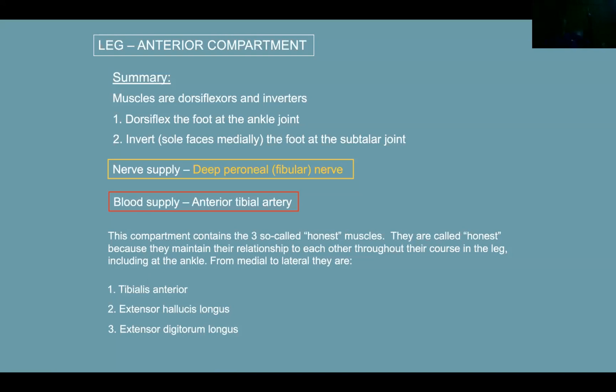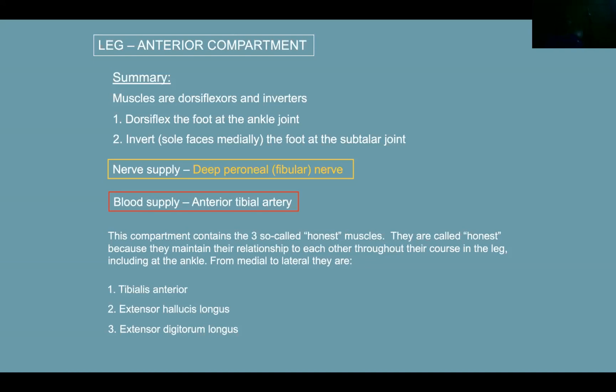And here in my foot, for the big toe, we use the term hallucis. Extensor digitorum, digitorum there and digitorum here for the digits. And tibialis anterior is a muscle which lives anterior to my tibia. So these are the major muscles found in the anterior compartment of the leg.